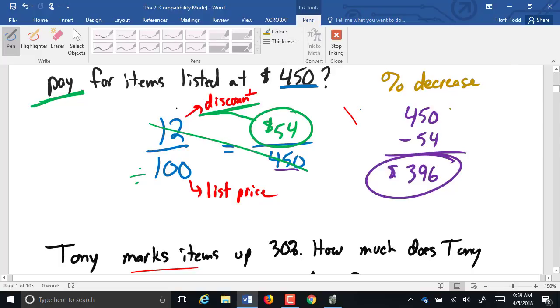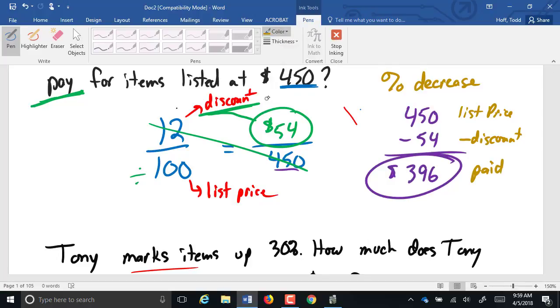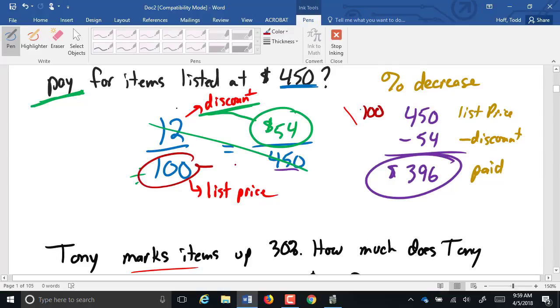We had a full price here, or list price. We subtracted a discount to get the amount paid. Well, if I look at that, the list price was 100%, right? It matched up with 100.